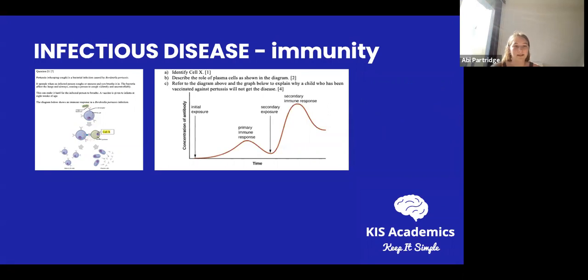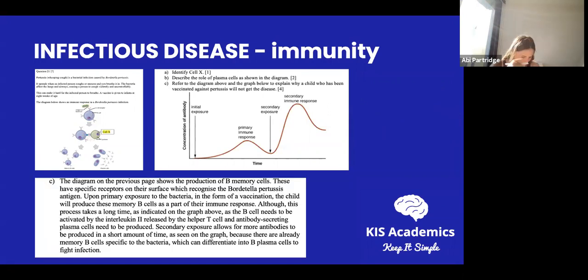So if we get an answer up, we're talking about specific receptors. That's important for your immune response, because once you have memory cells specific to those receptors, you can activate the secondary immune response, and it's much faster.